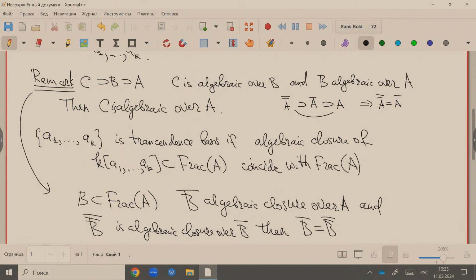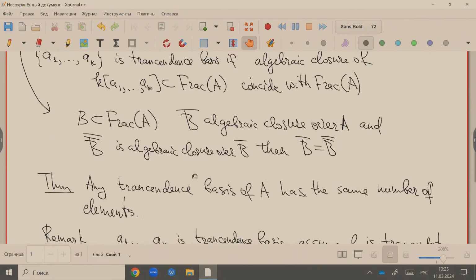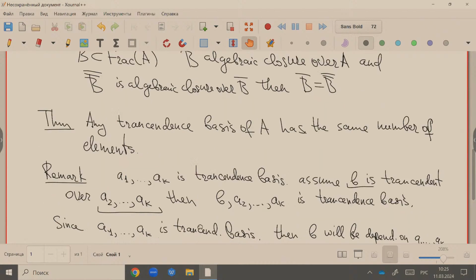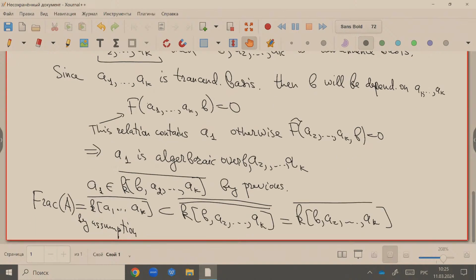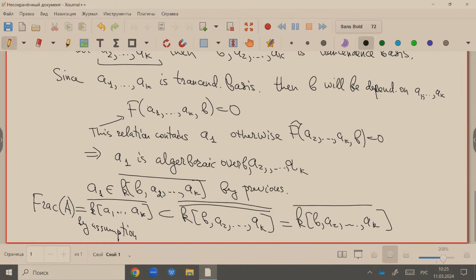Из-за этой леммы, вот из-за этого замечания, мы помещаем элемент А1 в алгебраическое замыкание, дальше вы просто добавляете все остальные элементы, которые тут лежат, и получаете, что К от А1 и так далее лежит в алгебраическом замыкании, где мы вместо А1 поставили Б, да?